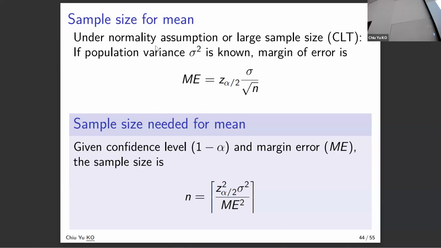Of course, you will think, why don't I just collect one data point? Is it enough? No. Collect more? Not enough. More and more and more, right? You can keep doing that. That's fine. We can keep changing our sample size. That is sometimes how we do it.